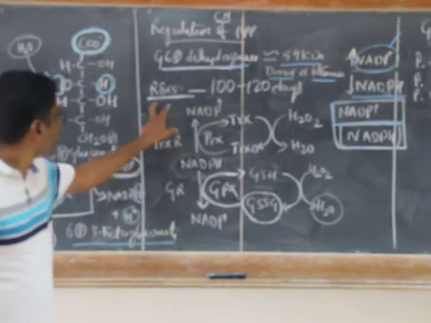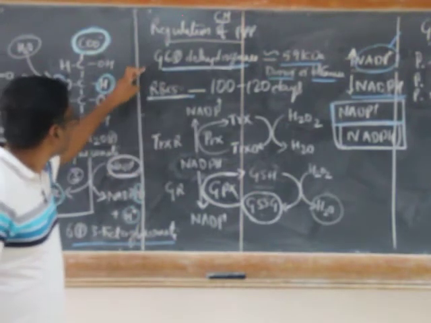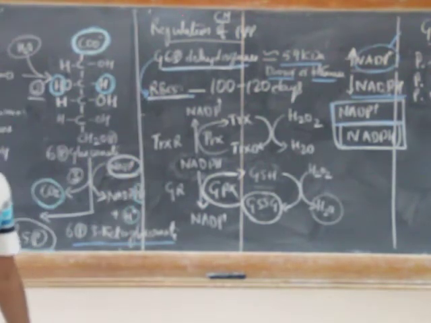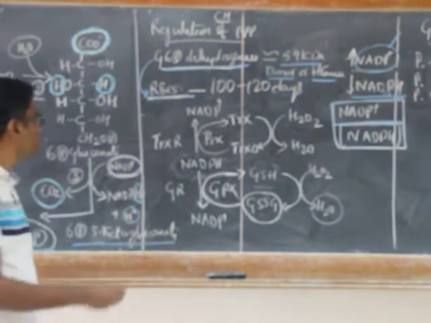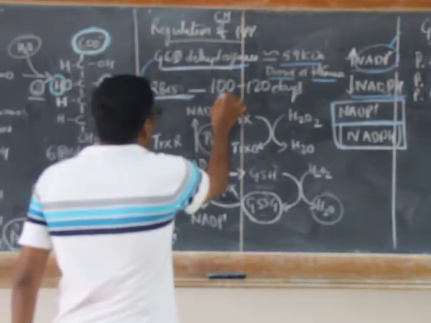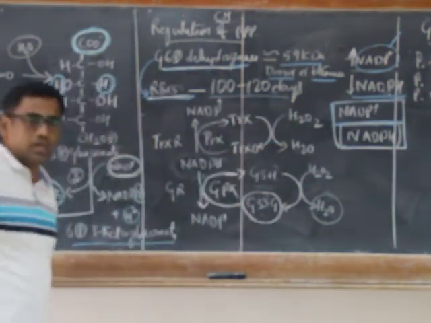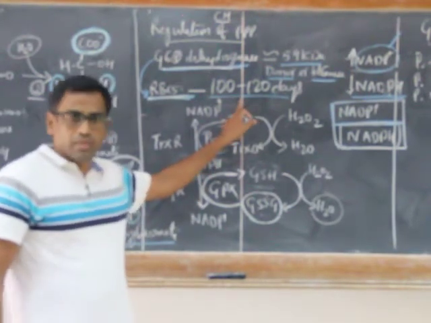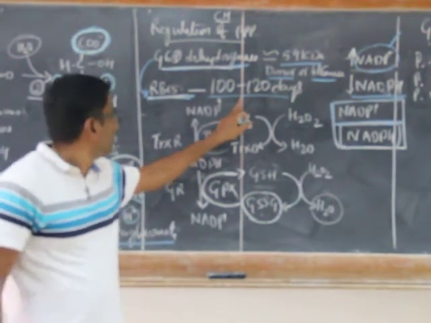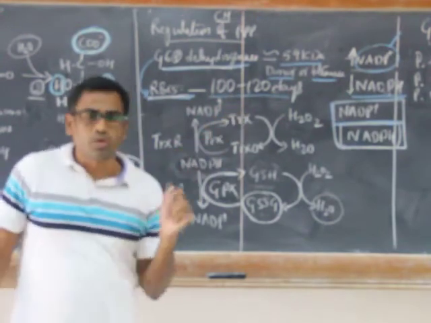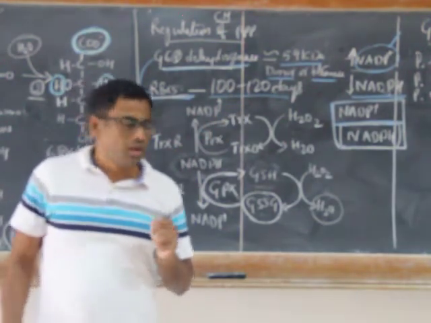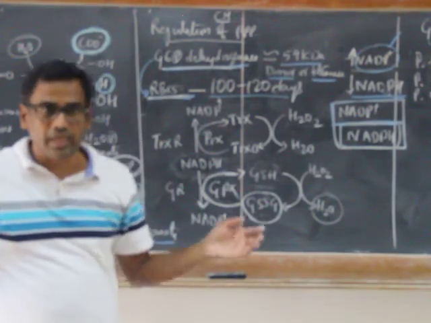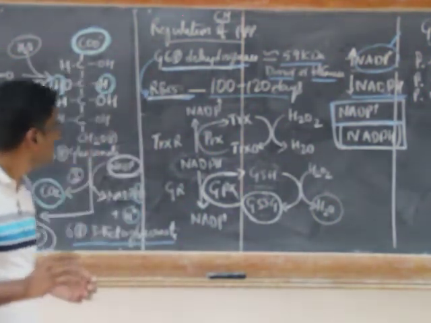In this, I am going to stress on the importance of glucose 6-phosphate dehydrogenase in RBCs, red blood cells or erythrocytes. You know that once RBCs are matured, they live in the circulation from 100 to 120 days. After 100 to 120 days, they are going to die naturally, right?